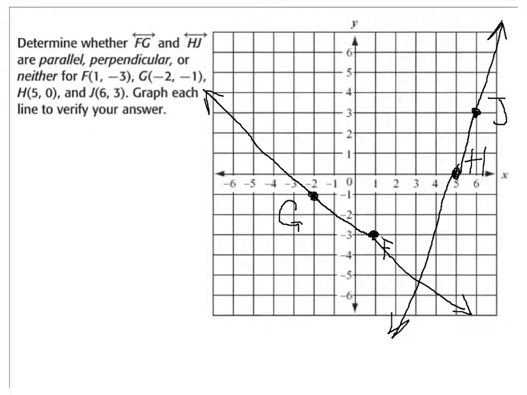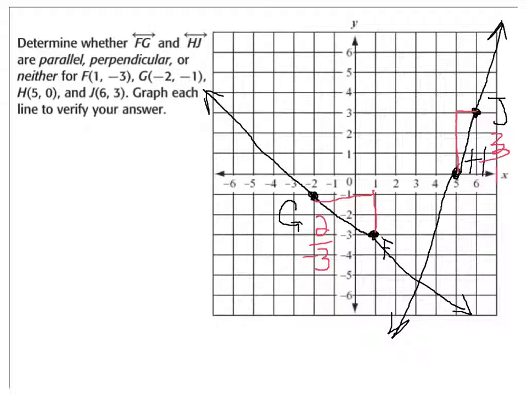The slope from F to G would be up 2, then left 3. So my slope here is 2 over -3. My slope from J to H is up 3, right 1. So that has a slope of 3 over 1.